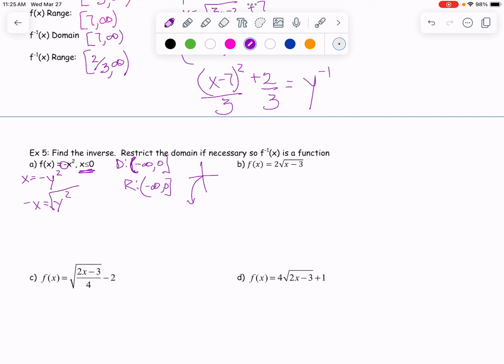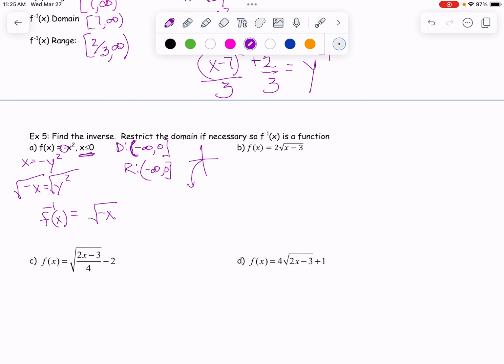Take the square root. So my inverse is the square root of negative x. And you can see I'm only using my negative x values.